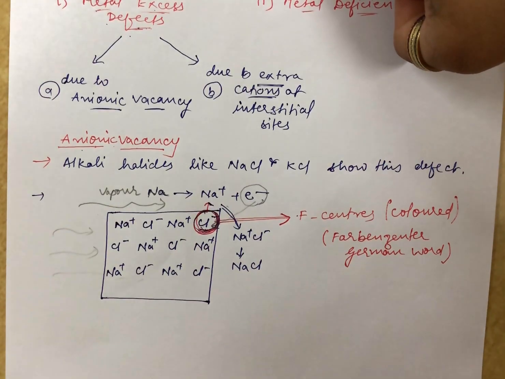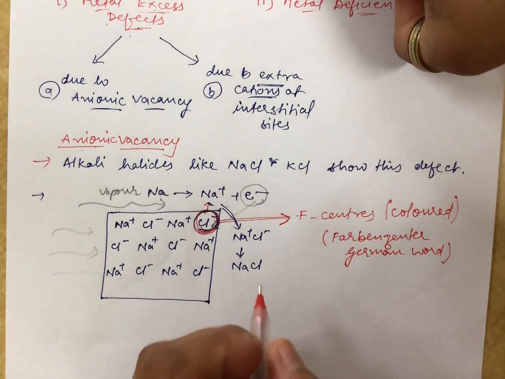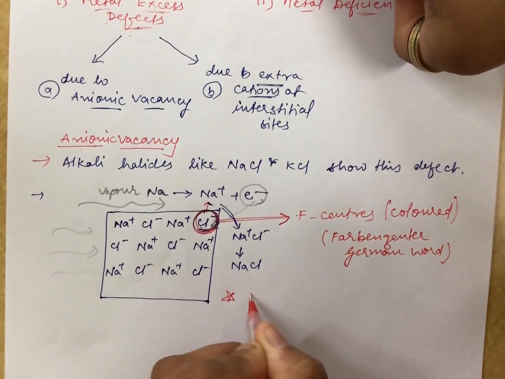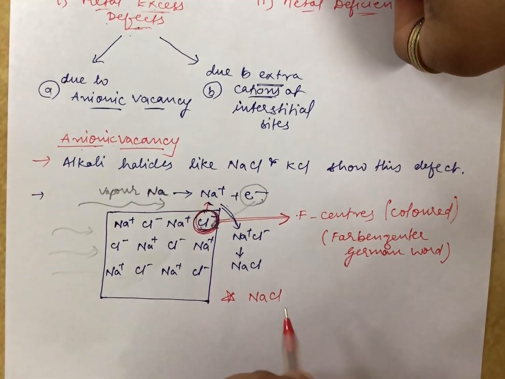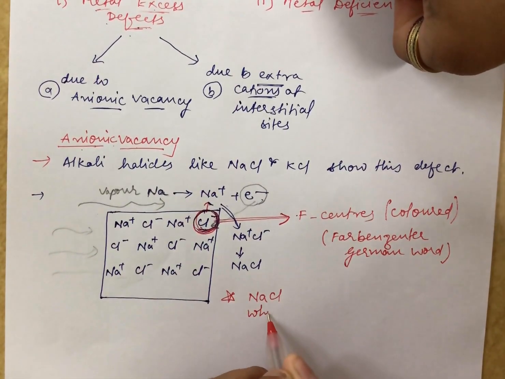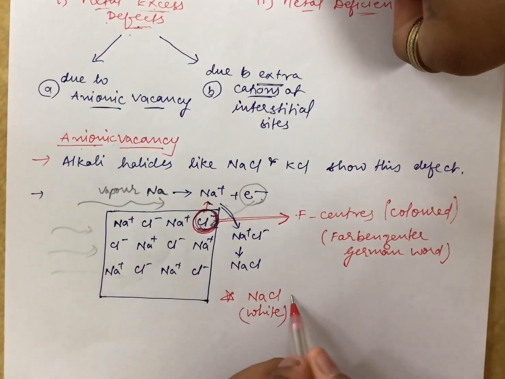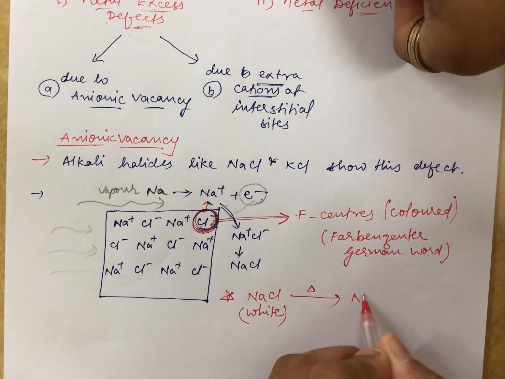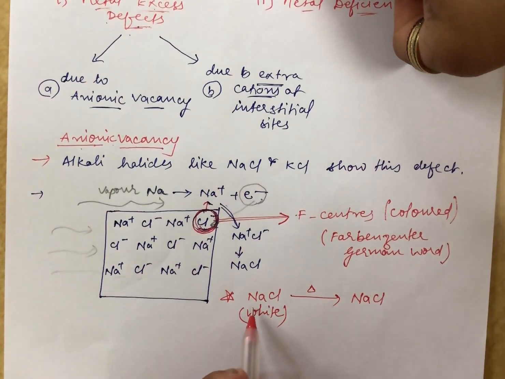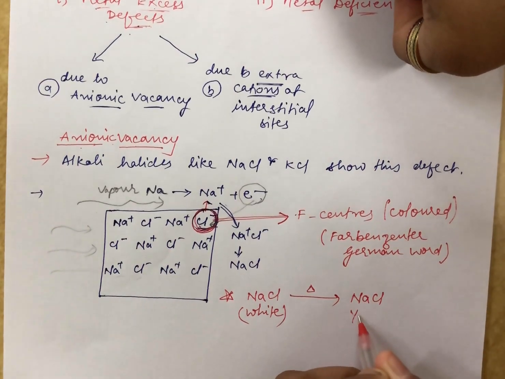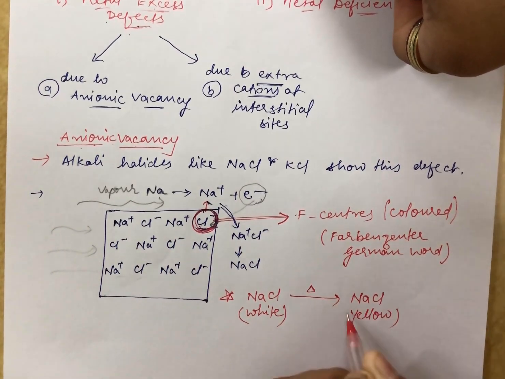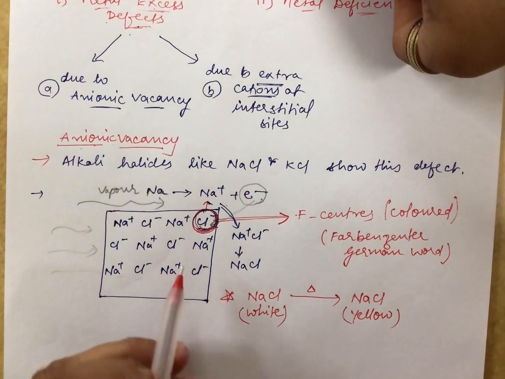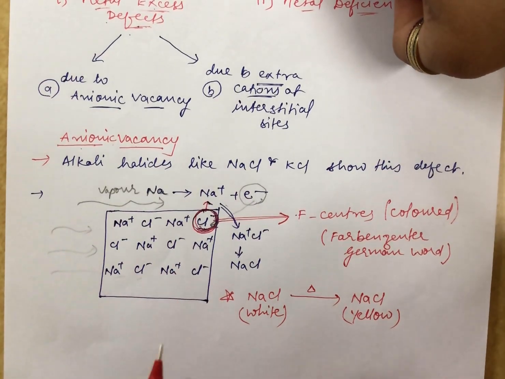In this case of NaCl, let me tell you one very important point. NaCl we have all seen is initially white in color. But when you heat this, these centers make the NaCl yellow. So after heating it shows yellow color.